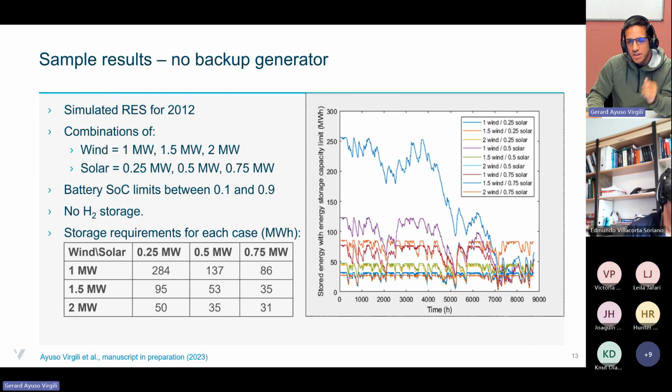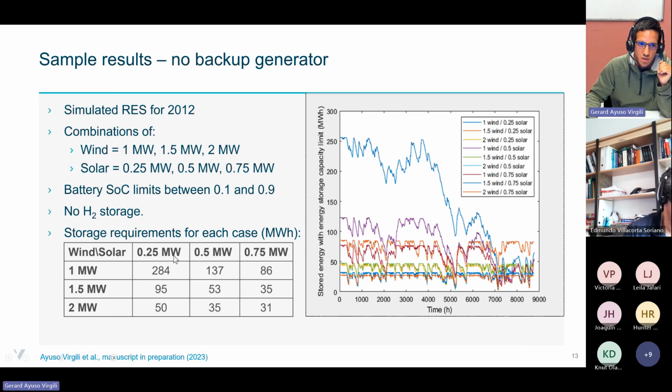So now we can see some more realistic examples. If we have a set of wind and solar power capacities, which would be a small example of what I will do in the end. Here we have 3 different power capacities for wind and 3 different for solar, and we want to see what's the energy storage demand for these cases. So we run all the combinations and we follow the same procedure we did before.